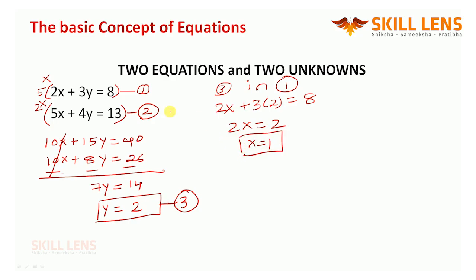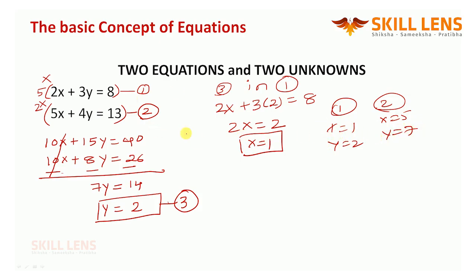1. So when there are two equations, can you find out two unknowns? Yes, of course. So x value is 1 and y value is 2. So that is the way to handle the question. In the exams they'll give options. They'll give x is 1 and y is 2. Put these values here. Let's say this is the first option. You have a second option, x is equal to 5 and y is equal to 7.